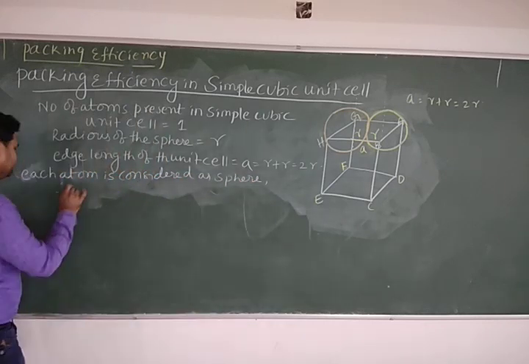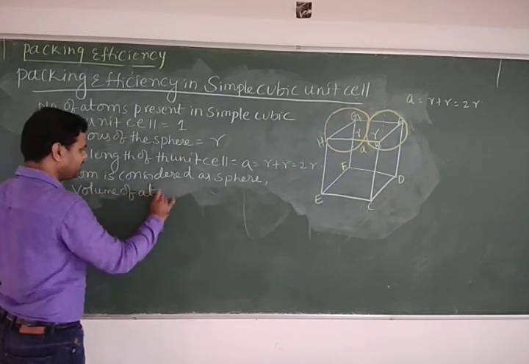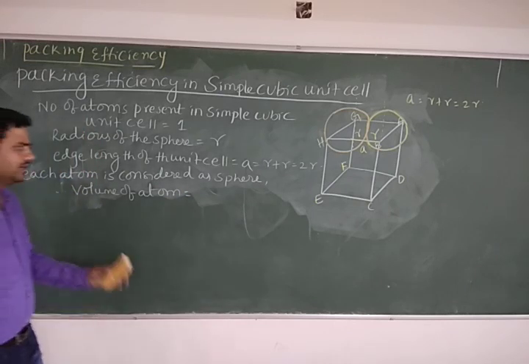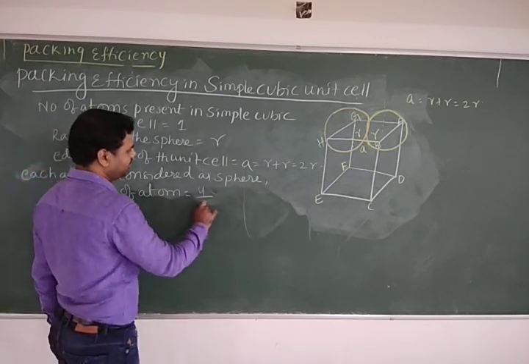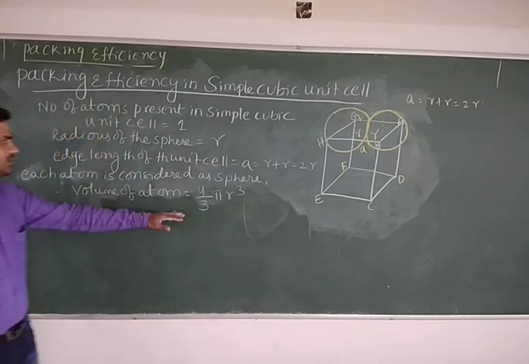Therefore, the volume of atom. What is the sphere volume formula? You know that in mathematics the sphere volume formula is 4 by 3 pi r cubed. Have you understood this? You must remember this.